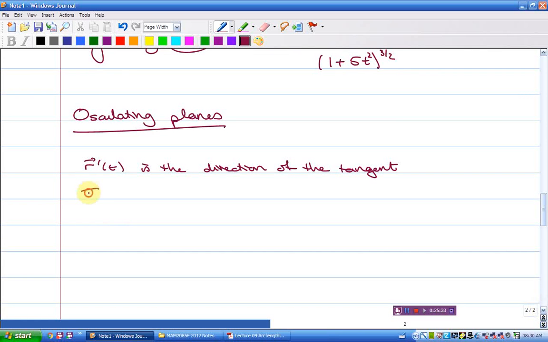T of t, the unit tangent vector, is r dash of t turned into a unit vector. I'm going to do a picture shortly, but first I'm introducing the vectors I'm going to put into that picture. Could you please keep quiet? Even if you're talking about mathematics, could you please keep quiet?